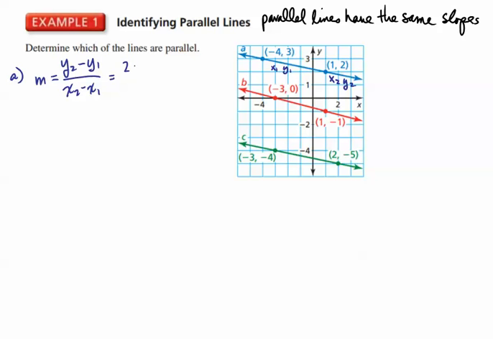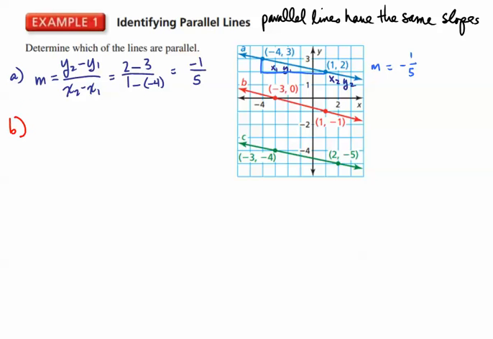So we have 2 minus 3 over 1 minus negative 4. And so we have 2 minus 3 is negative 1, 1 plus 4 is 5. So we have a slope of negative 1/5. And we can see that that's good by moving down 1 over 1, 2, 3, 4, 5. So m is equal to negative 1/5 there.